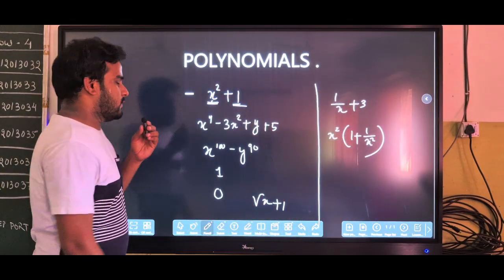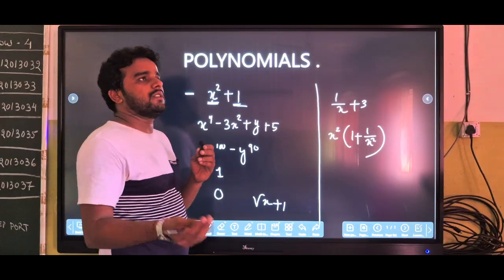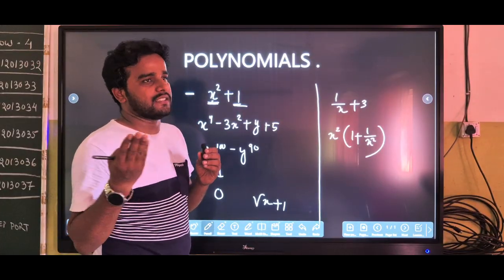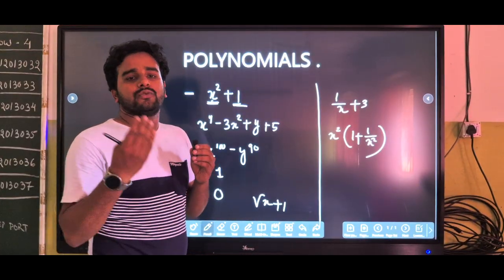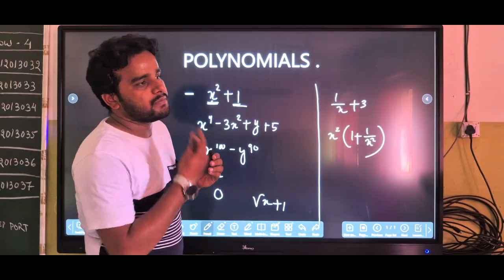So let us see the basic concept or the basic statement which was in class 9: which part will be called a polynomial, and which part will not.